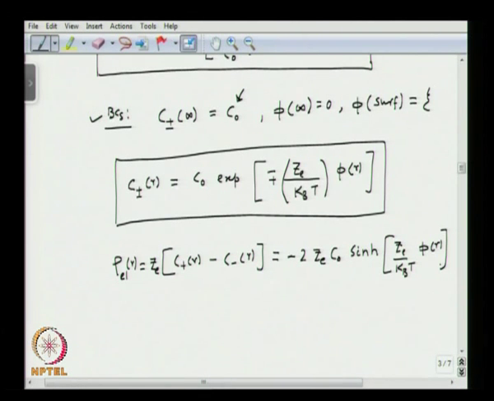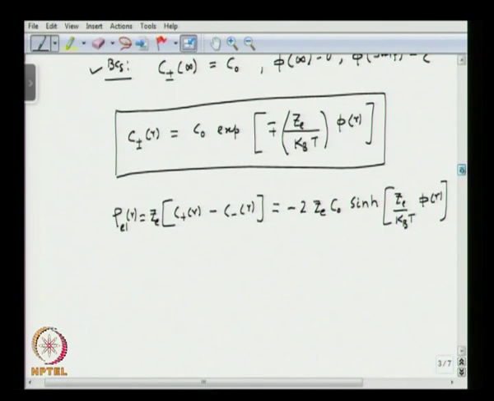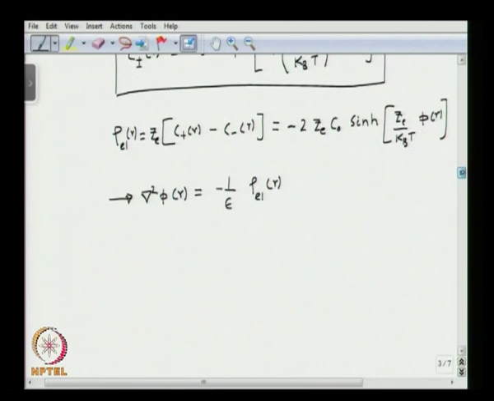Okay. Now if you apply the Maxwell's equation that we had studied, del square phi r will be minus 1 over epsilon into the electrical charge density. So we have an expression for electrical charge density which is this.